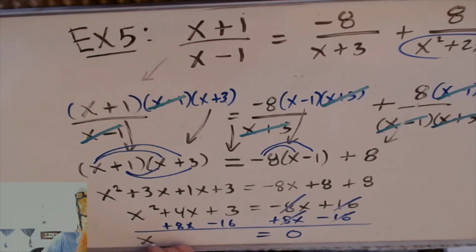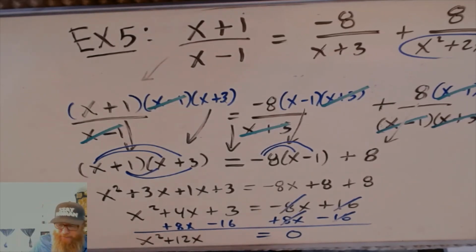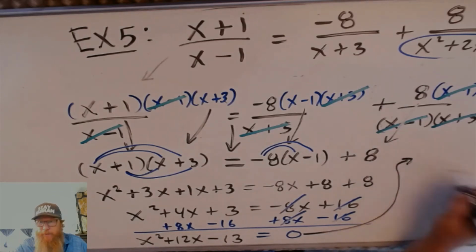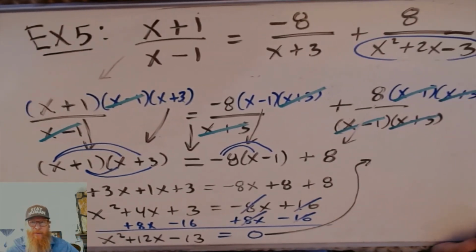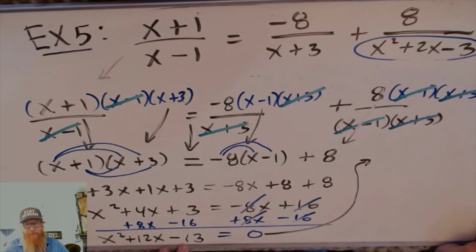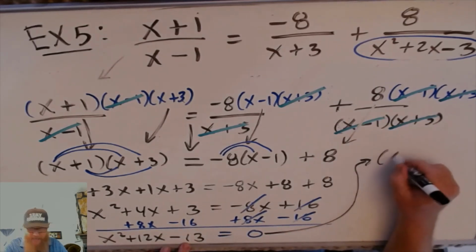Now you've got x squared plus 12x minus 13 equals 0. This is what you're actually going to solve. Kind of running out of room here. So I've got x squared plus 12x minus 13. That's going to be x.